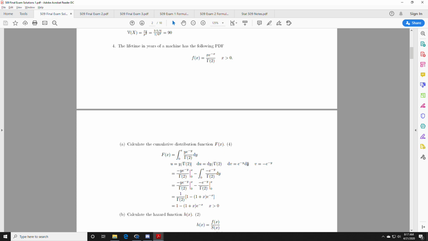And so dv, integrating, very simple integration. And so we get uv, evaluated at our bounds, minus the integral of v du. Integrating this is very simple.